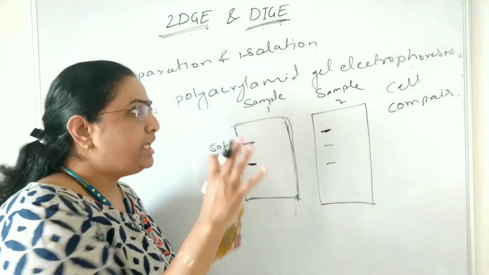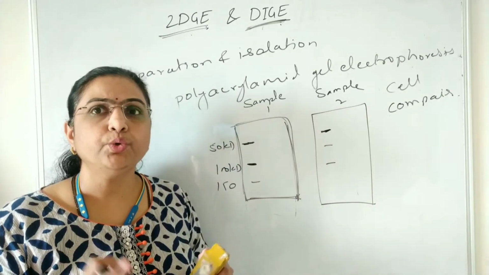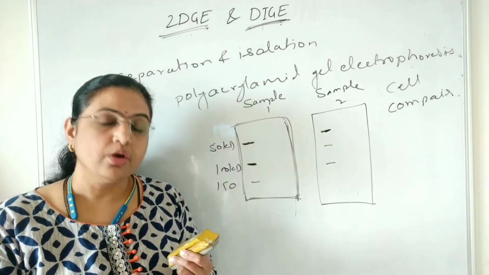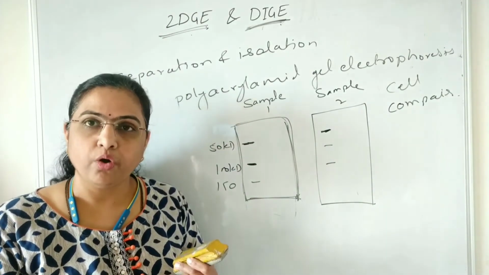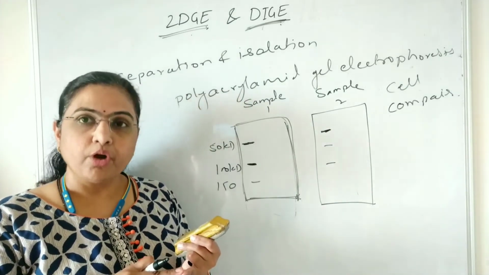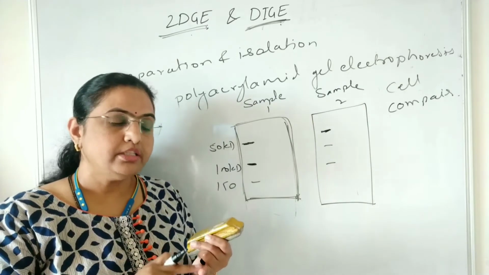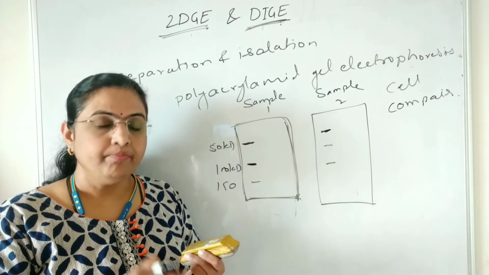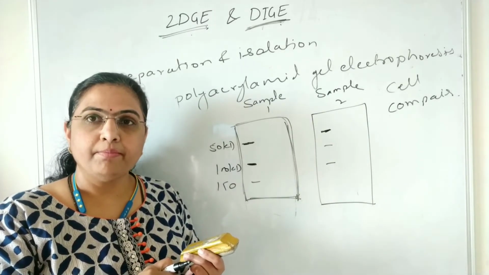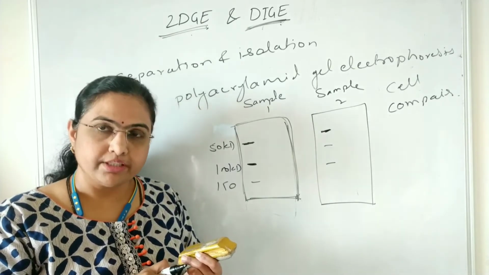In this way you can use two-dimensional gel electrophoresis to find out the number of proteins present in the cell, and the amount of each protein in the cell. You can have the cell map proteomics of the cell.